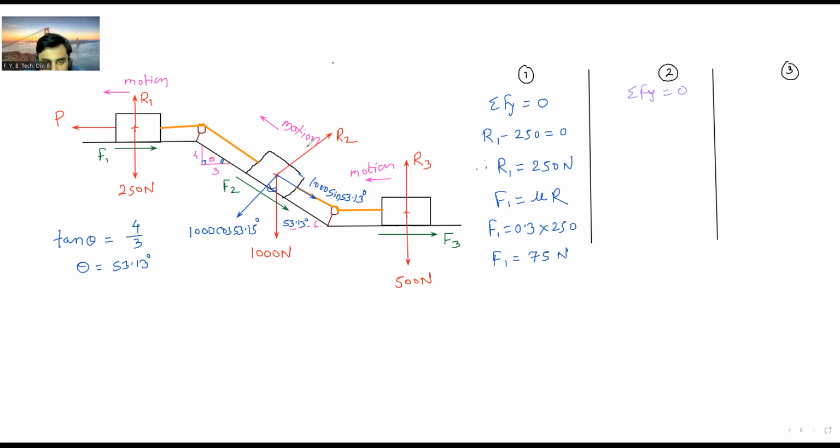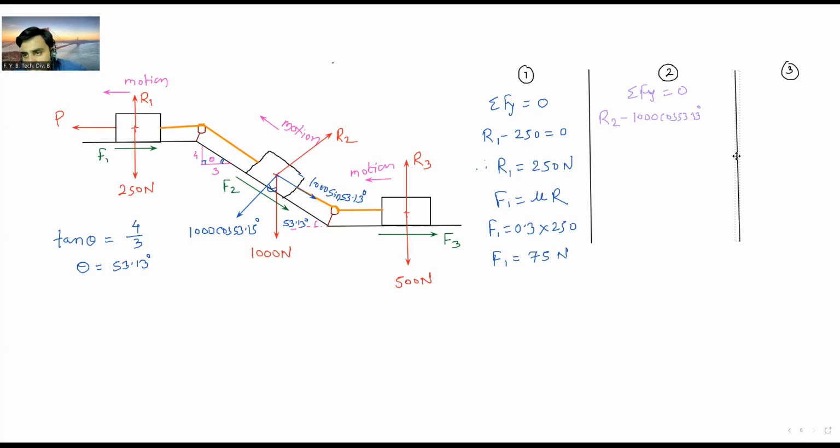So these are the forces we should consider along the y-axis. So it will be R2 minus 1000 cos of 53.13 is equal to 0.